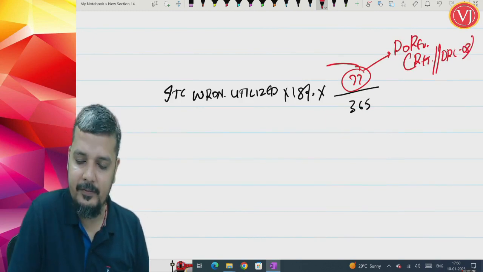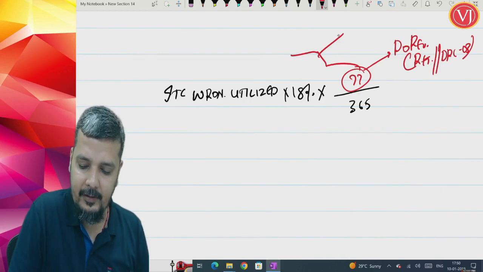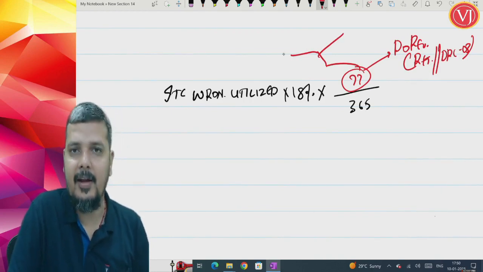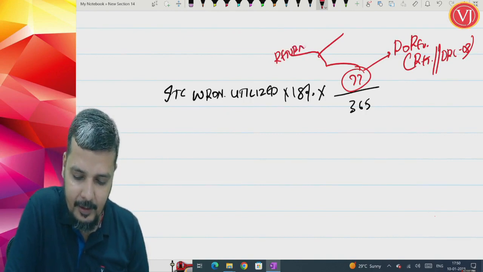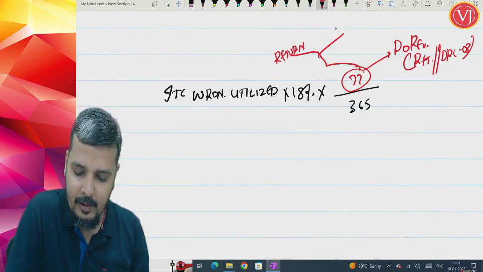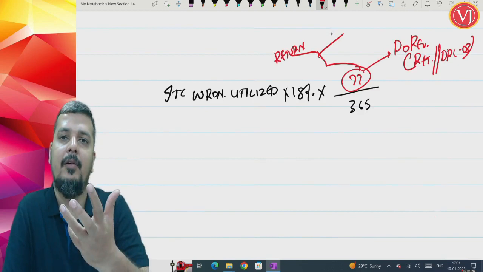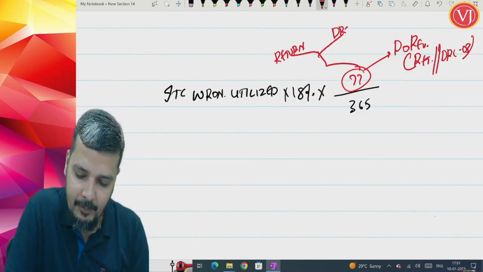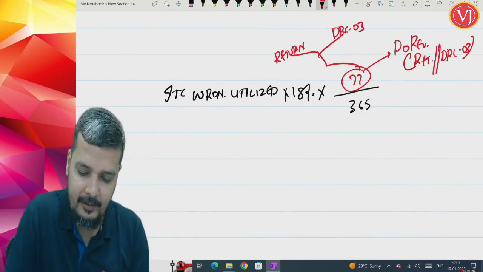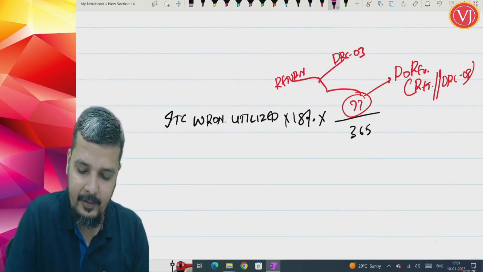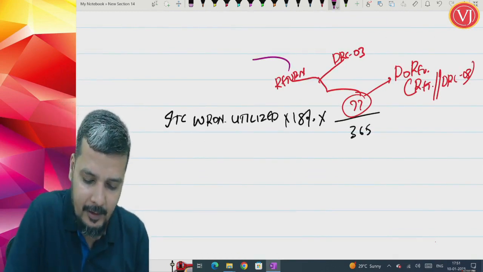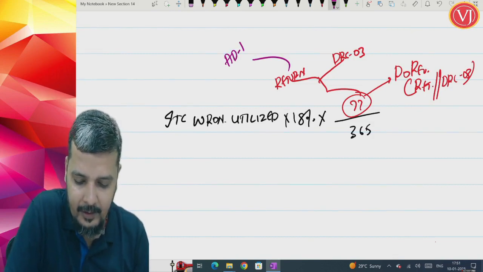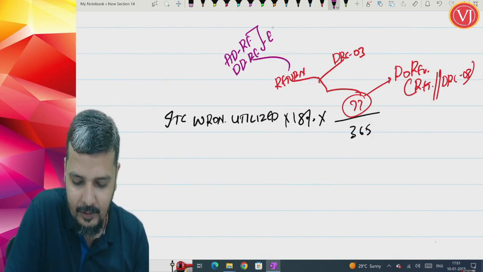From date is two different dates. If at all your ITC falls below the wrongly availed ITC because of filing a particular return, or it falls below the wrongly availed ITC because of paying old dues because of filing DRC03 challan. If it is your ITC wrongly availed is falling below that amount because of a particular return, then it is actual date of that return or due date of that return, whichever is earlier.